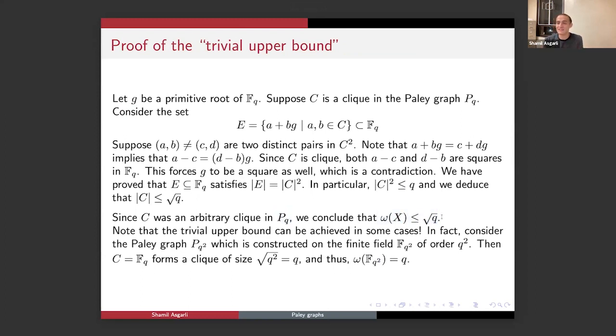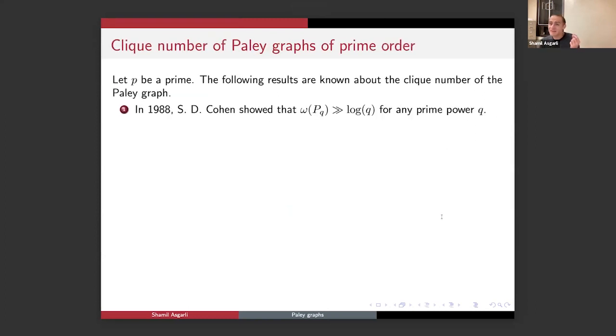How do we construct cliques? That turns out to be hard. So in 1988, Stephen Cohen showed that the Paley graph of order Q has clique number that's at least a constant times log Q. This is true for any prime power Q. So in particular, it's true when Q is a prime.